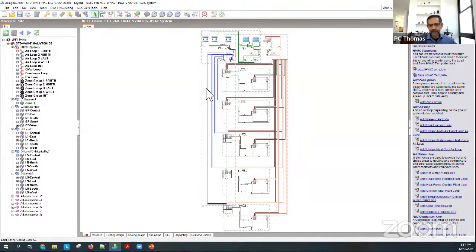It is complicated, but it's logical. So you can work your way around it. We have a water-cooled chilled water system using VAV boxes, that is variable air volume boxes in the zones being supplied by air handling units, central air handling units. That's the full description of this system.